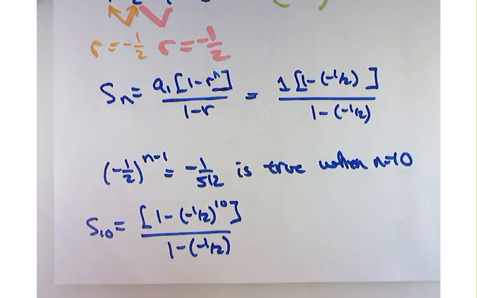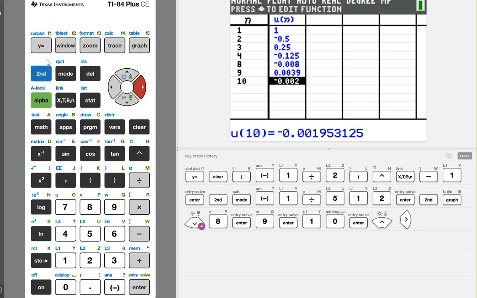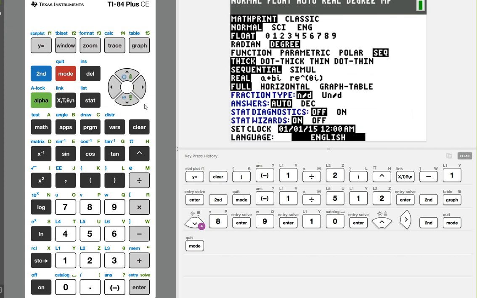This is a challenge to put in on your calculator. You have a lot of parentheses and some exponents and then the negatives. So let me show you a little bit more user-friendly way to do this. Actually, I'm going to change my mode back to regular function mode.